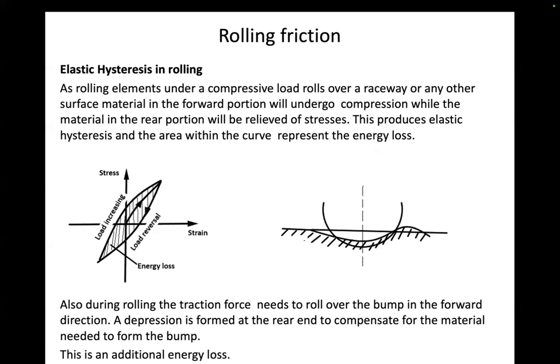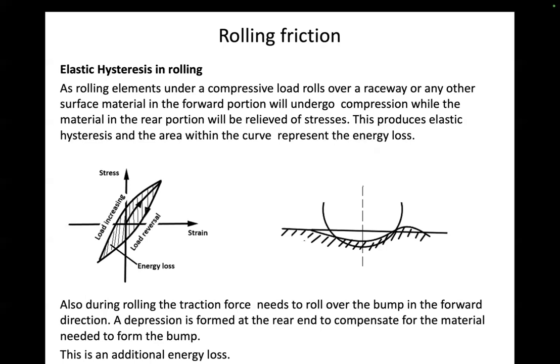This is because of hysteresis. And if we go to the negative axis and then go on loading, we'll see that it will produce a hysteresis loop. And the area covered by the loading and unloading path is the energy loss. And this energy loss is a contribution to the friction.